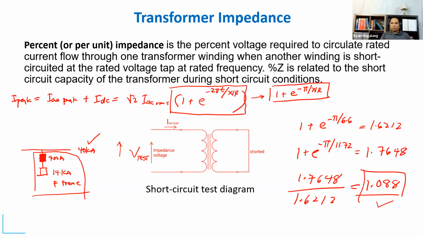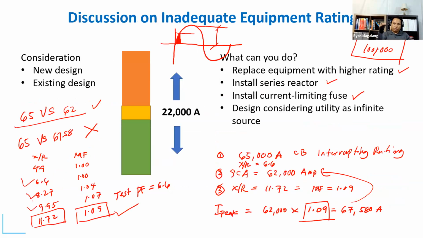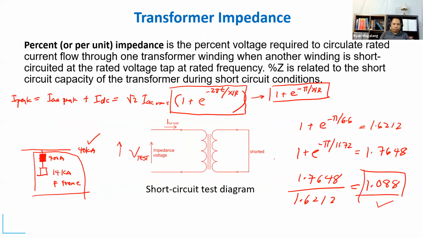Your fuse will act as the one to interrupt the very high magnitude, because it reduces the fault, right? Based on what we say here, it reduces the fault level considerably, and now your breaker is able to interrupt that reduced fault current. So your breaker is now considered suitable for that installation.